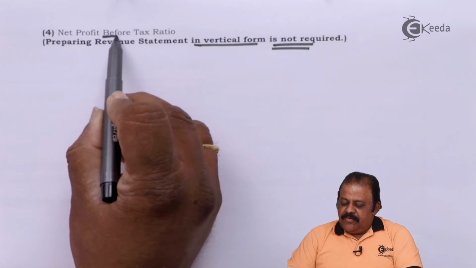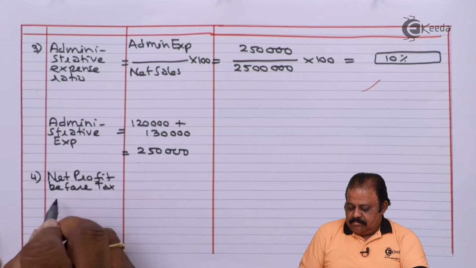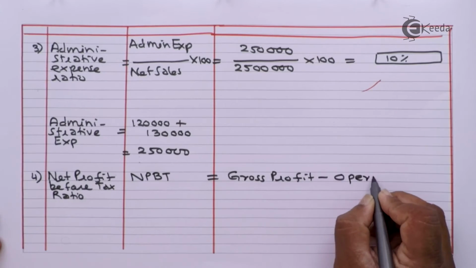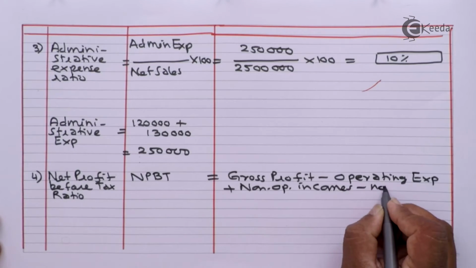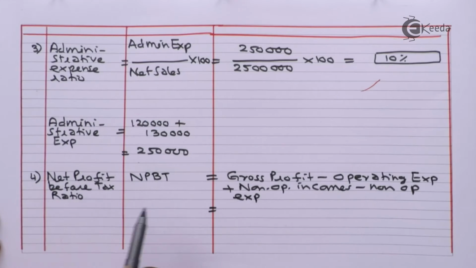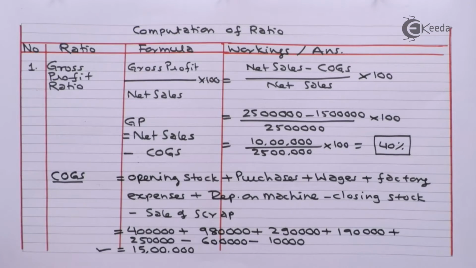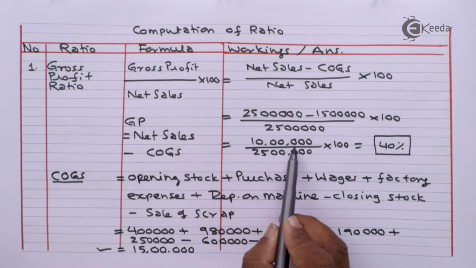Net profit before tax ratio. To calculate net profit before tax, from gross profit we are required to minus operating expenses. We have to add non-operating income and deduct non-operating expenses. Gross profit we have calculated here, it is 10 lakhs.